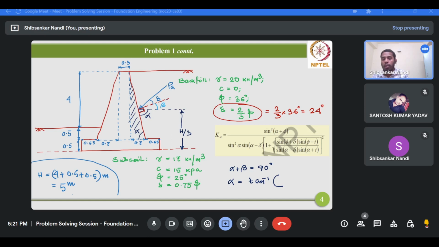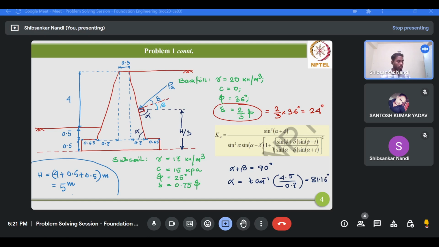And what is the base value? The base value is 0.7. So 4.5 divided by 0.7 will give you the alpha. So this value would become 81.16 degree.